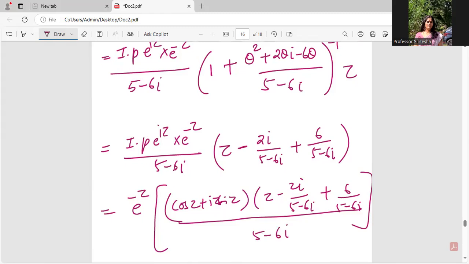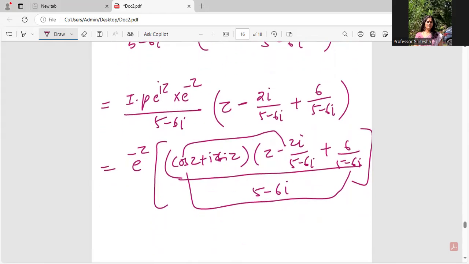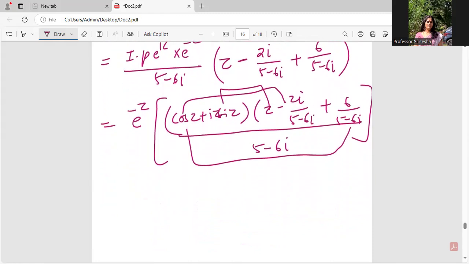Now what are all the imaginary parts I will trace out? This would give me an imaginary part, also this would give me an imaginary part. In the denominator, whatever is there, I can just multiply. i sin z into this also would give me an imaginary part, and that's it. Only 3 imaginary parts would be there.